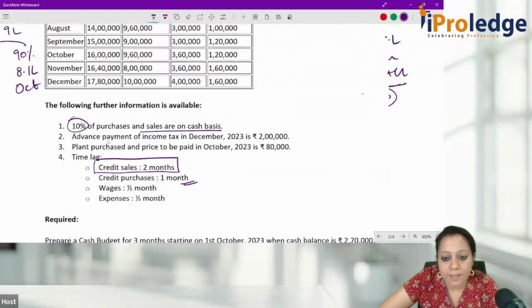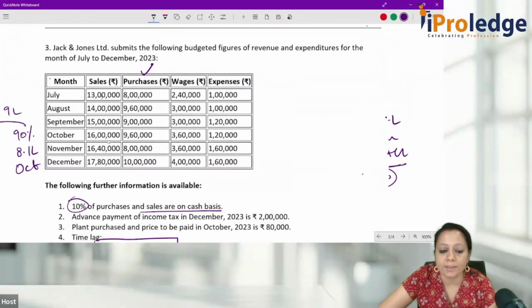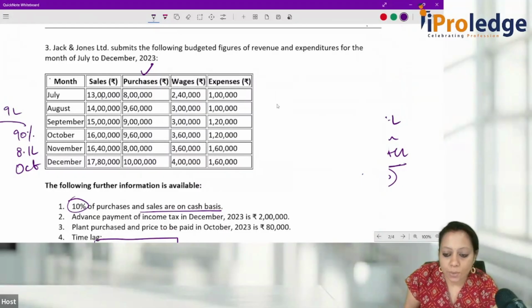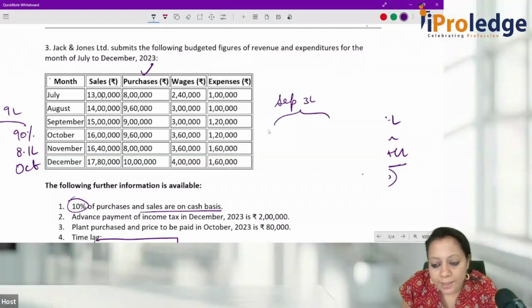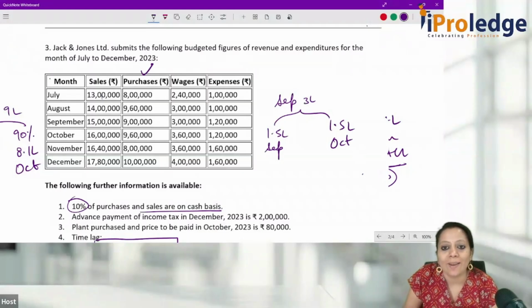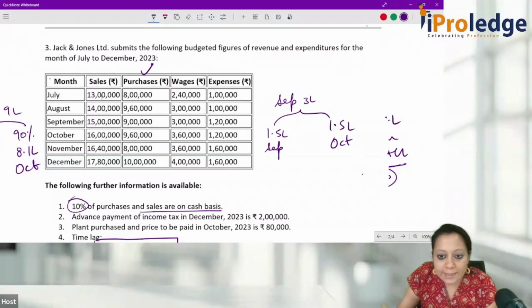It is going to be wages and expenses half a month. That means what is it? So September month, what is the wages, students? 3 lakhs. So they are saying 1.5 lakhs will be paid in September, but balance 1.5 lakhs will be paid in October only. Are you all understanding?